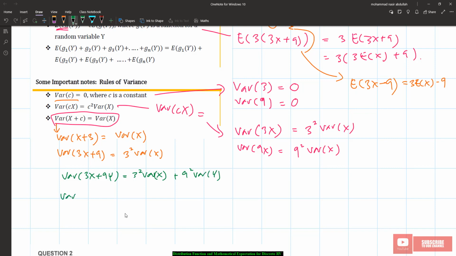What if you have variance of 3x minus 9y? It should be 3 square variance of x plus 9 square variance of y. You can spot the difference: whatever notation you have, either plus or minus, it should always become plus.